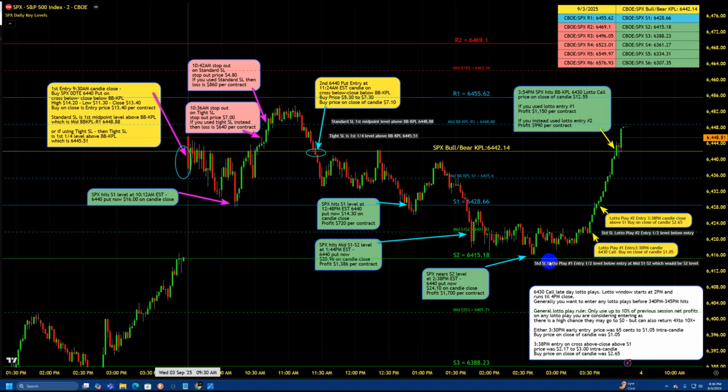So here, if you wanted to take up to 10% of your previous session net profits, depending on how many contracts you traded would determine what that 10% figure would be. So remember here, your profit is $1,386 per contract here, which would be your first opportunity, because this is a 1.5 level move down, to close out your trade.